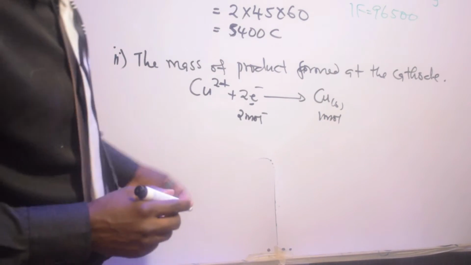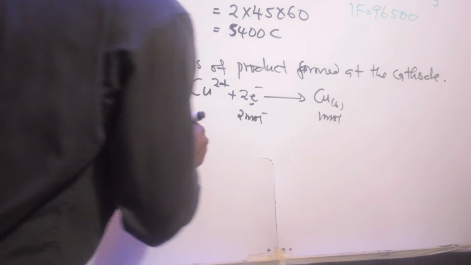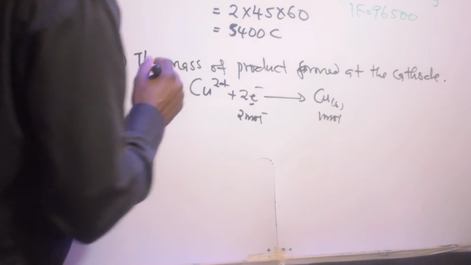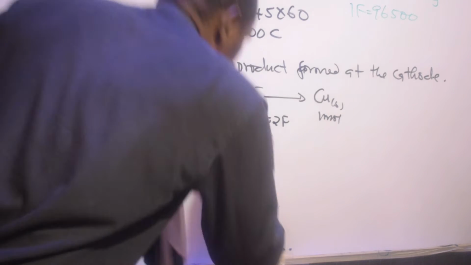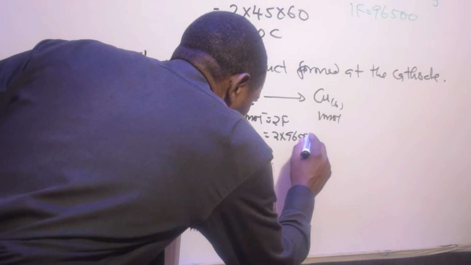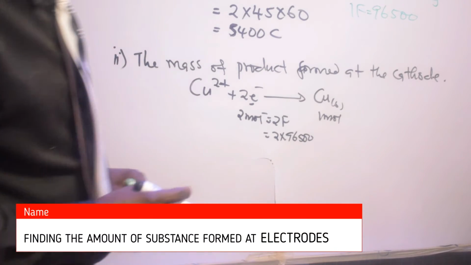These 2 moles of electrons are equivalent to 2 Faradays. Very important there, 2 Faradays. And these 2 Faradays are equivalent to 2 times 96,500.